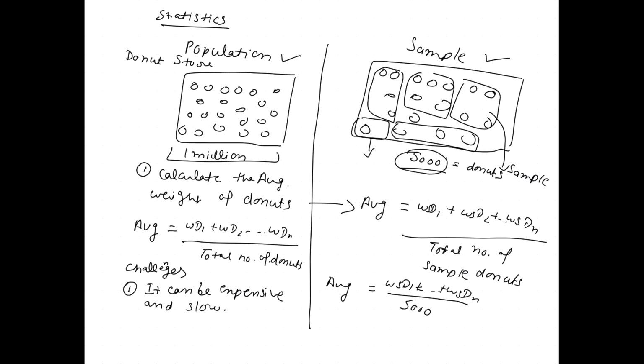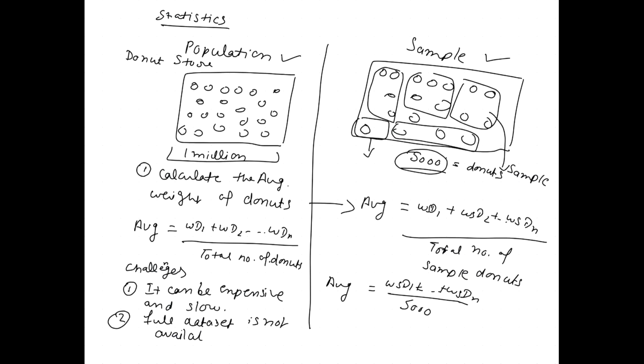Number two, it is going to be very expensive because it will take high computational power to process your data. Number three, sometimes the full data set is not available due to privacy issues.